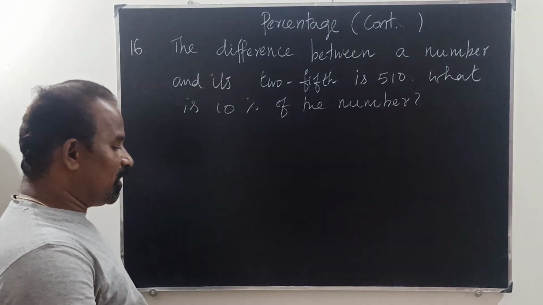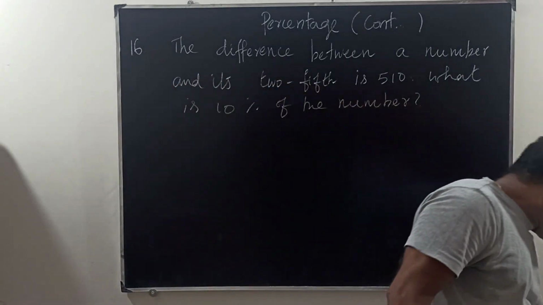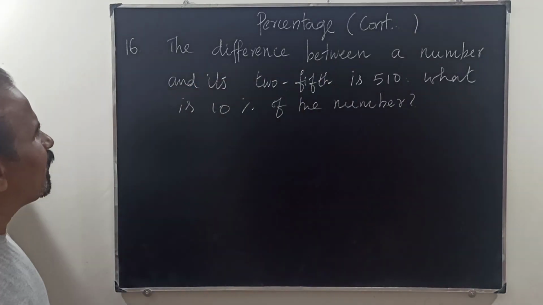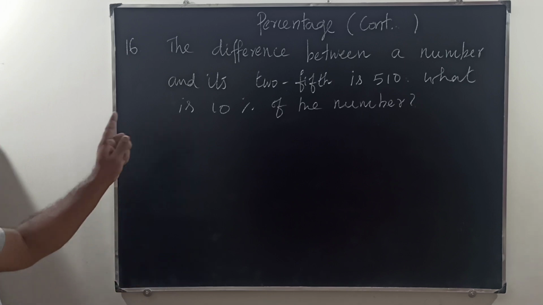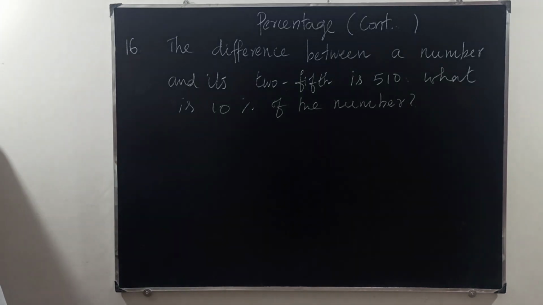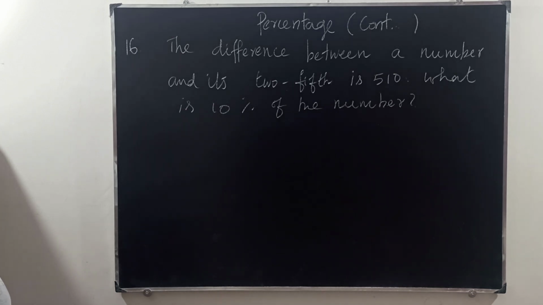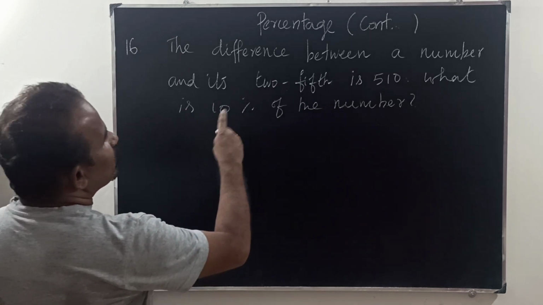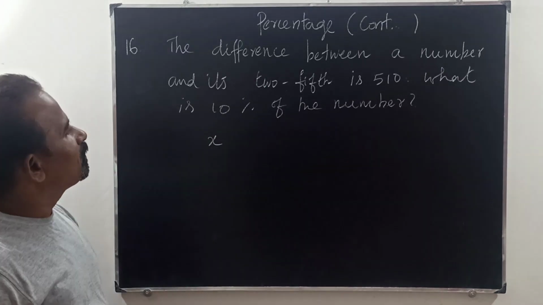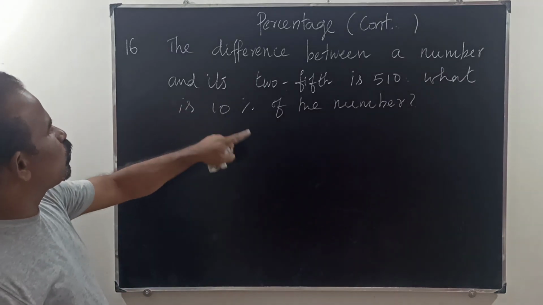Now, the 16th question is: the difference between a number and its 2/5 is 5/10. What is 10% of the number? The difference between a number, that number is x, and its 2/5.